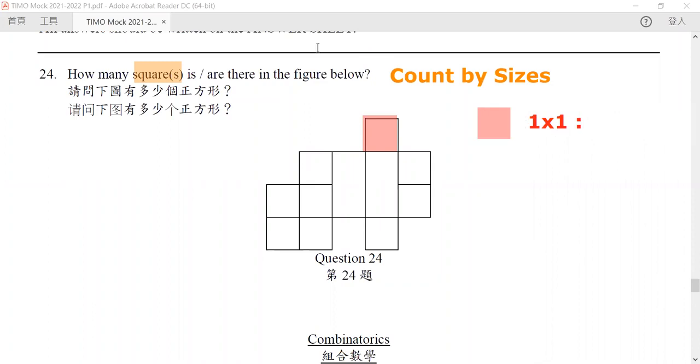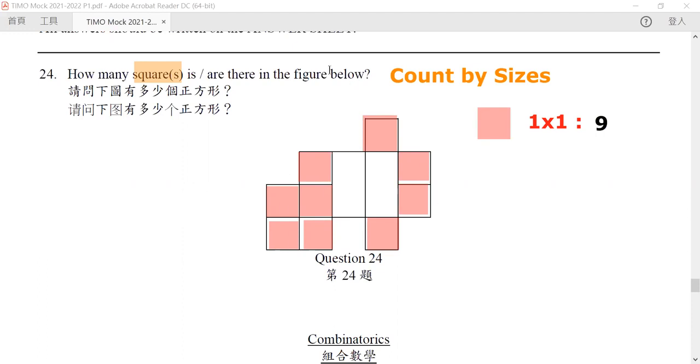There will be one here, 1, 2, right? 3, 4, 5, 6, 7, 8, and 9. So there are 9 squares of one by one. Again, 1, 2, 3, 4, 5, 6, 7, 8, 9.